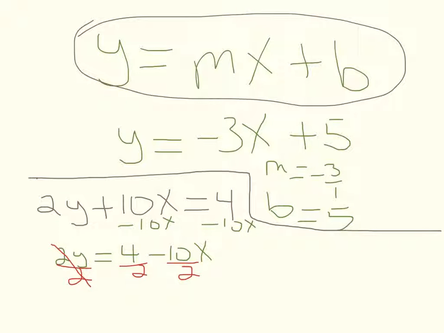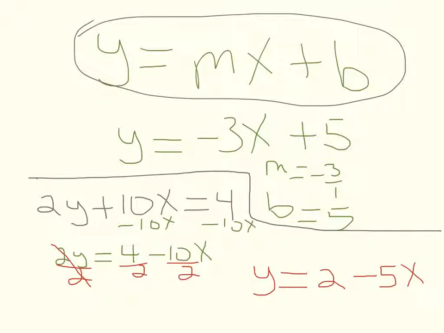Well, let's break this down. The 2's will cancel out. Y will then be alone. I'll rewrite it on the right side here. Y equals, then 4 divided by 2 is going to equal 2. And then negative 10x divided by 2 is going to give you negative 5x.